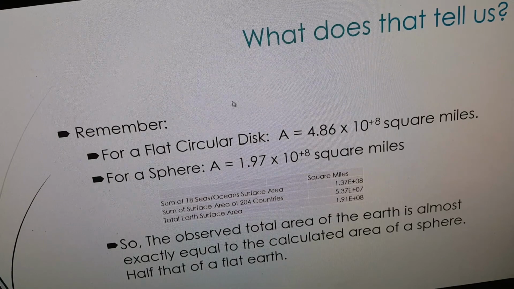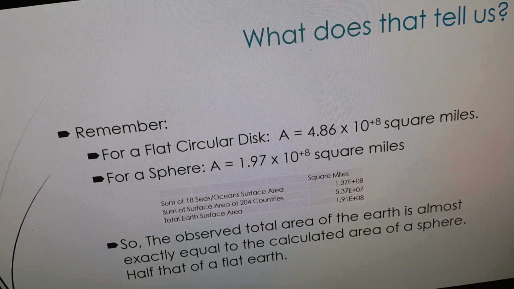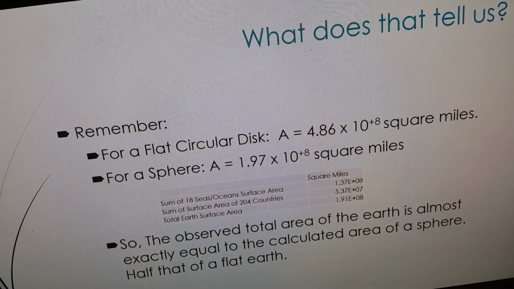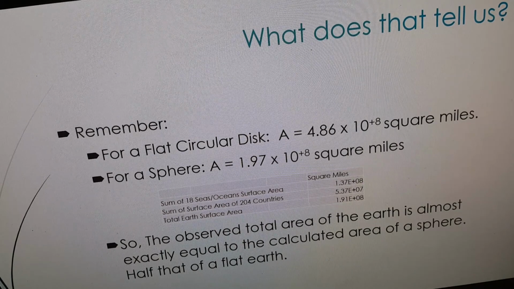So now if you remember from our previous calculation, for a flat circular disk, the area is 4.86 times 10 to the 8 square miles. For a sphere, it's 1.97 times 10 to the 8 square miles.